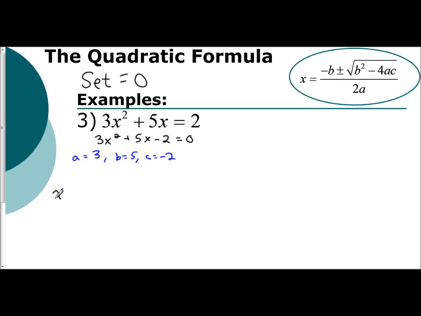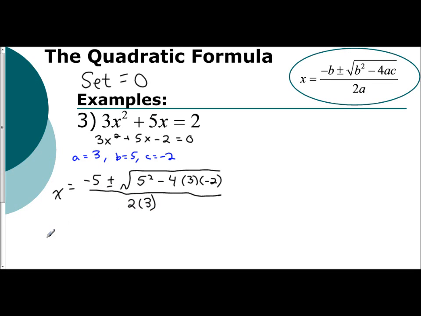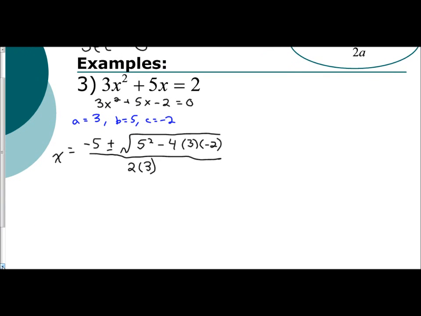X equals negative b, so negative 5, plus or minus the square root of b squared, which is 5 squared, minus 4ac, so a is 3, and c is negative 2. All over twice a, so 2 times 3. Order of operations inside the radical first.